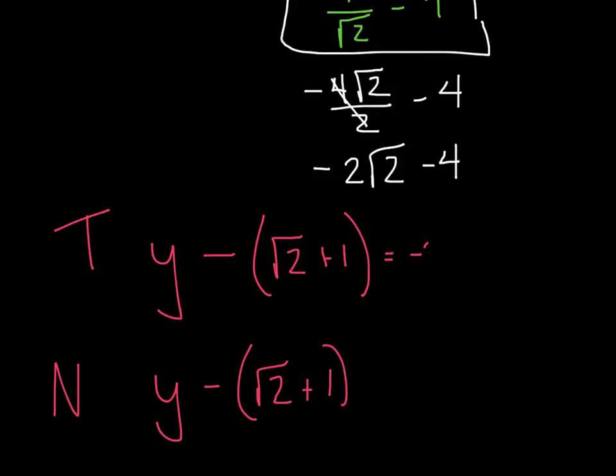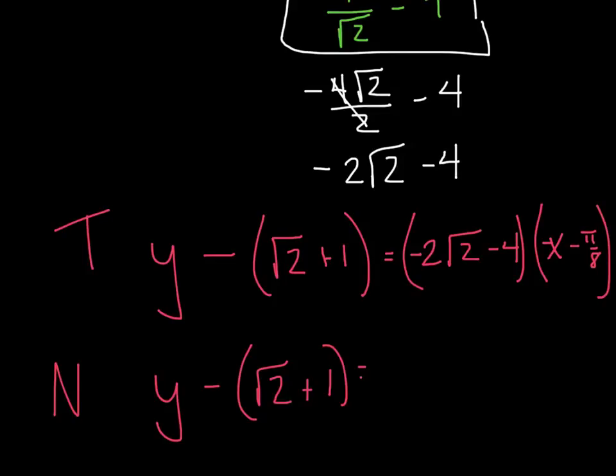My slope is negative 2 radical 2 minus 4 times x minus pi over 8. And for the normal one, I'm going to be negative 1 over negative 2 radical 2 minus 4 times the x minus pi over 8.